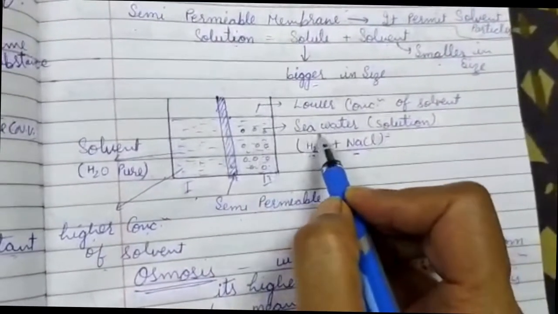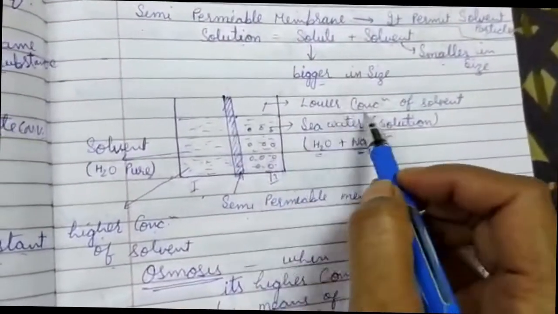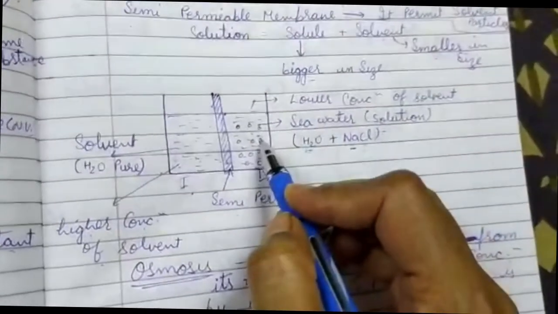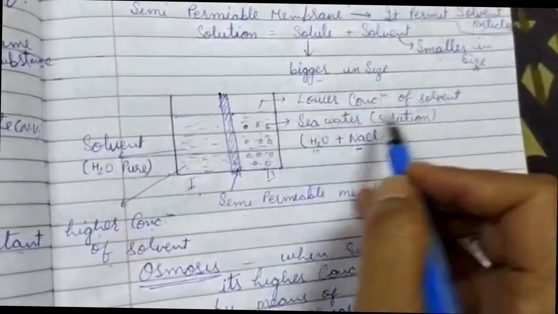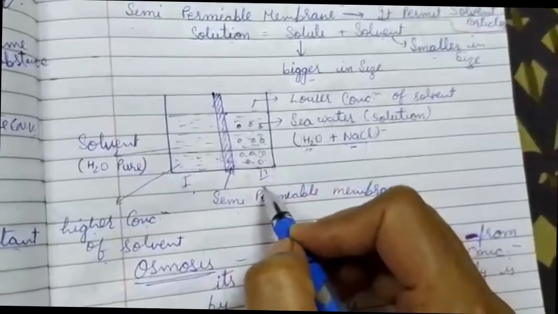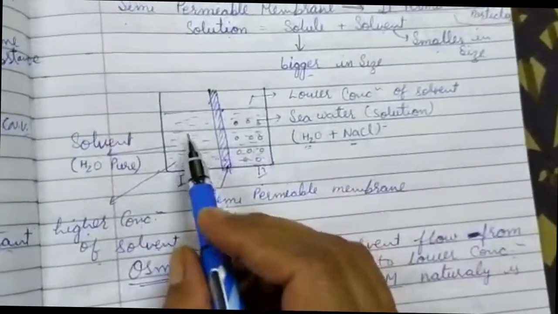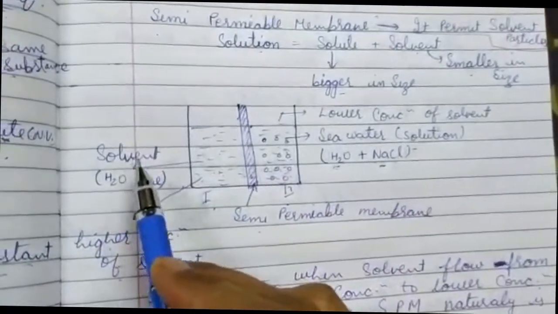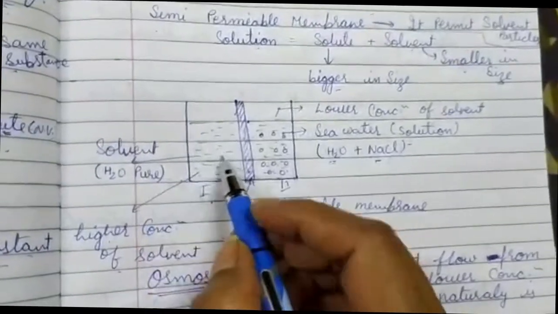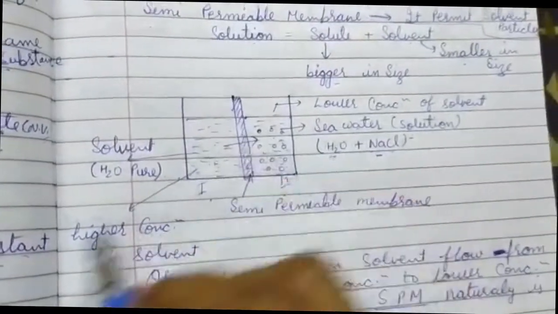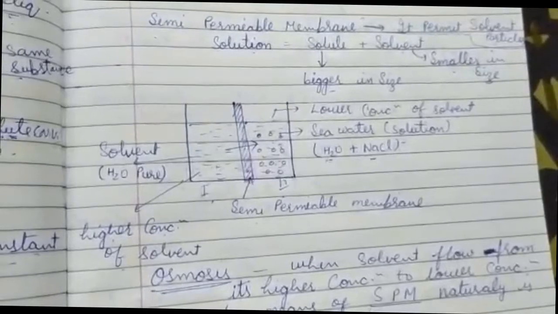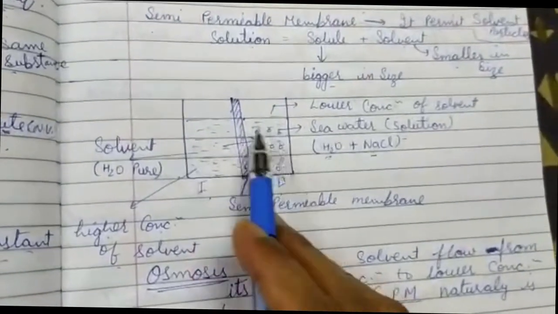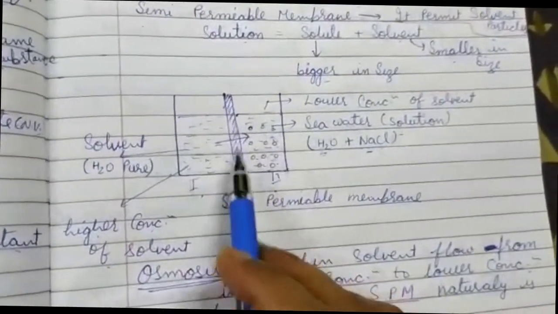And on the other side we have taken seawater. So the lower concentration of solvent, meaning water, is present on this second side. Okay. Now as we know that the solvent particles are smaller in size, these solvent particles can pass through the semi-permeable membrane.